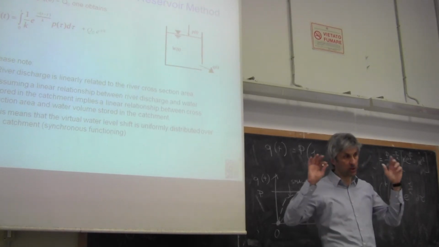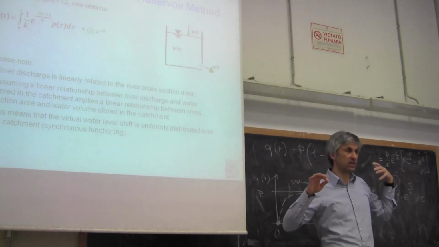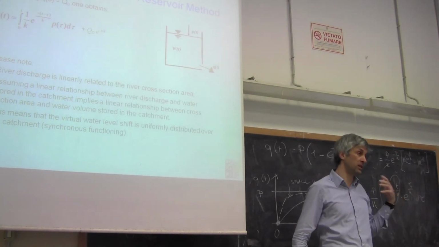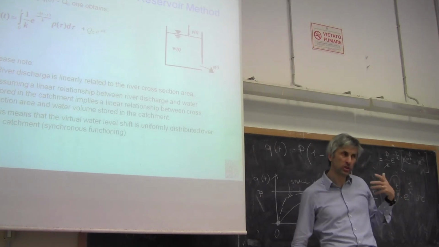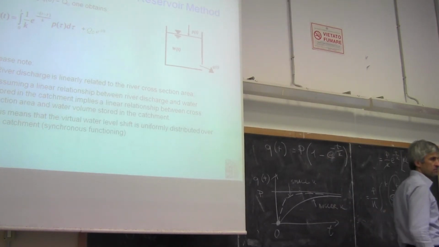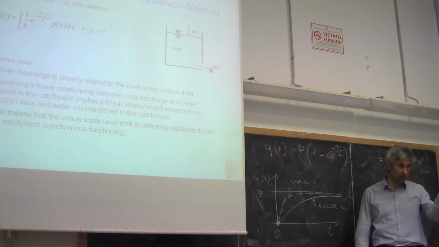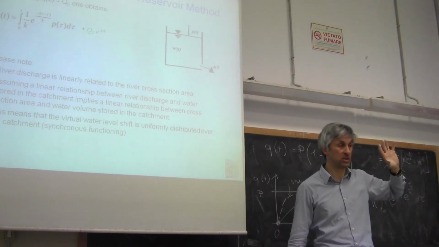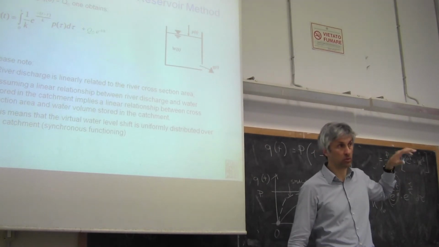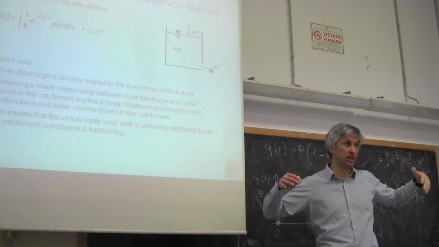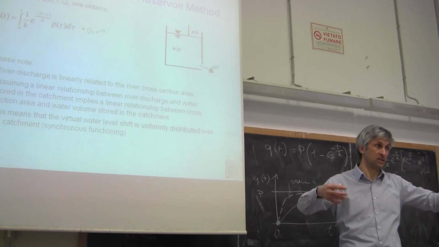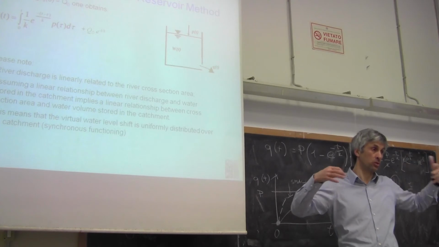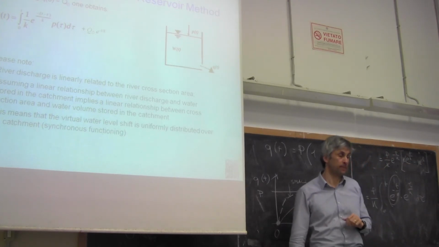So you need to really get familiar with all these physical behaviors of catchments, because by looking at a catchment they allow you to gain a preliminary idea of its functioning, a preliminary guess of what your results should look like.